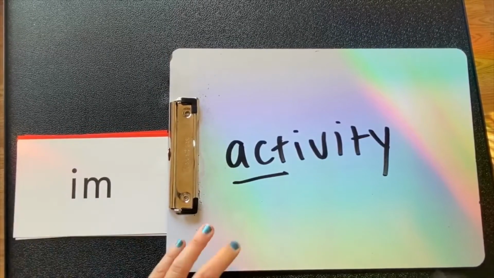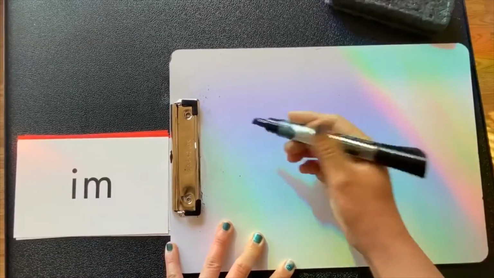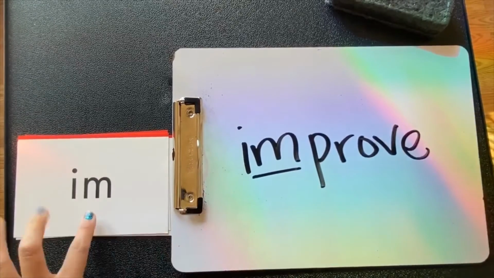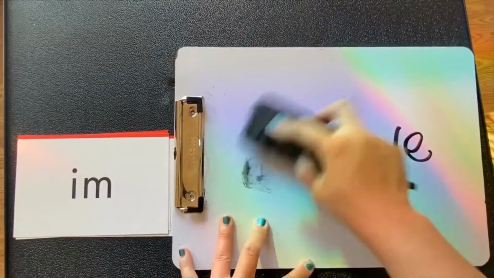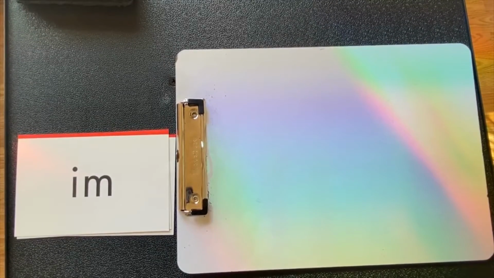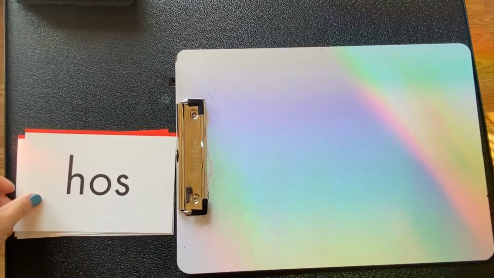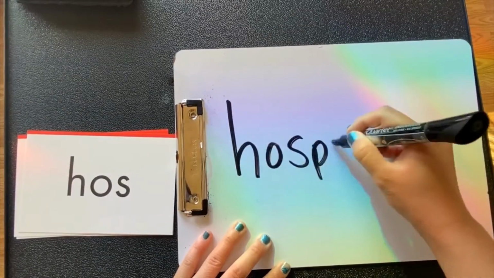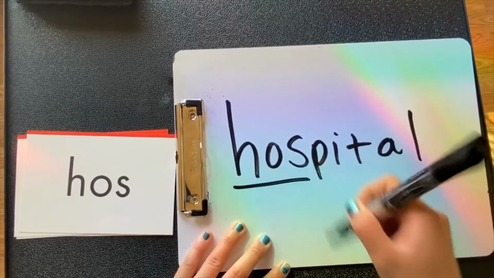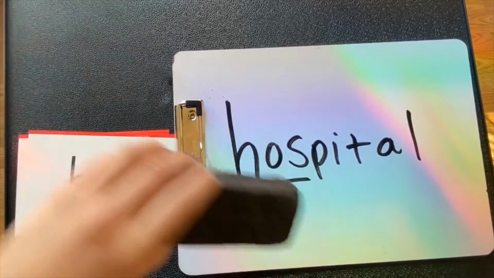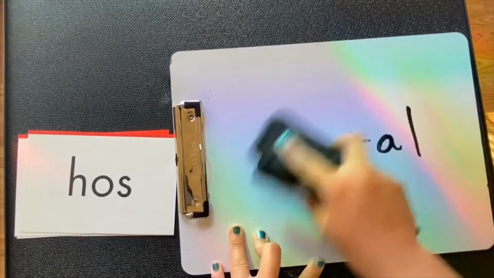Im, kind of like improve. Im. Great job. Let's go ahead and keep going. All right, my friends, our next sight syllable, hos, kind of like hospital. Hos. Read hos. Again, hos. Great job. Let's go ahead and keep going.